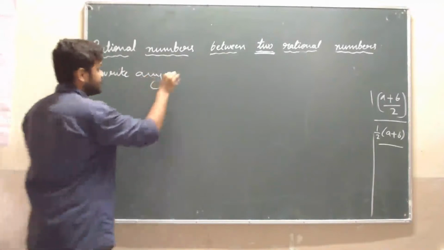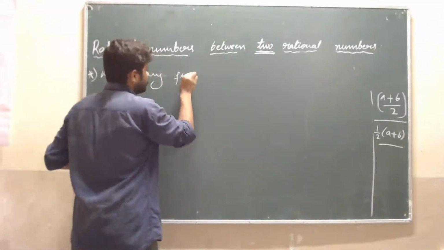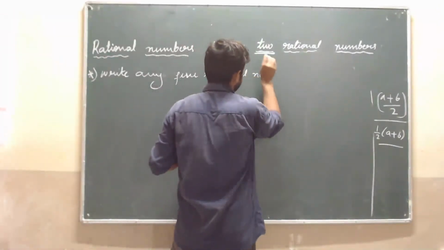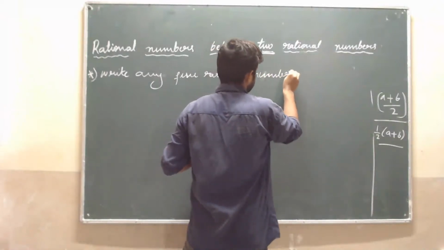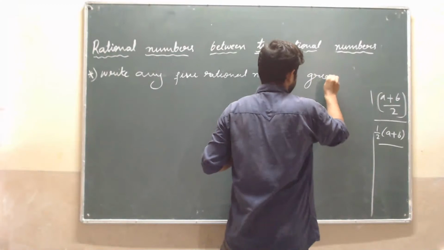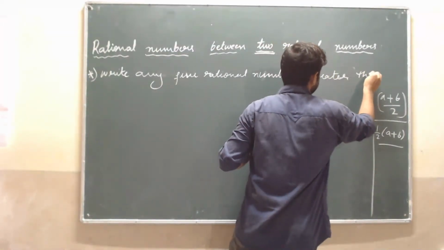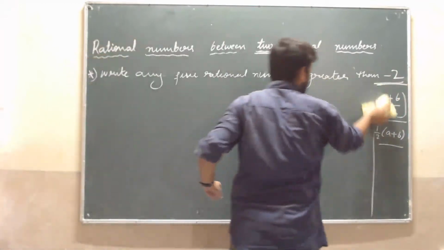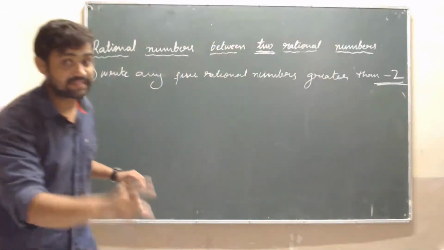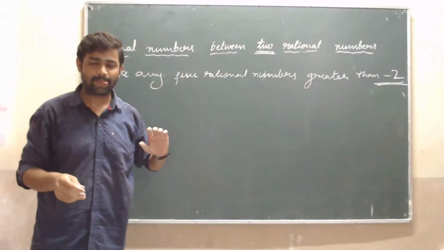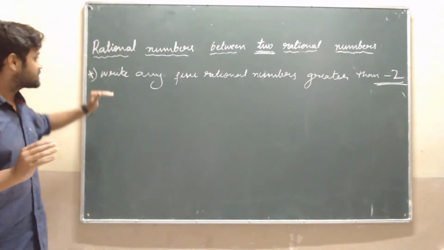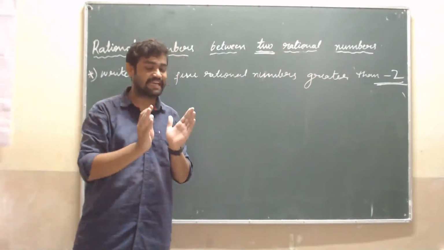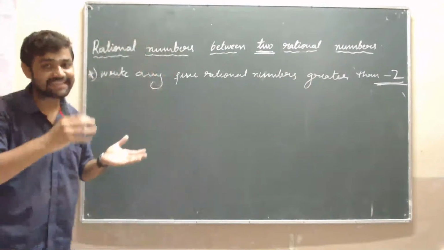Write any 5 rational numbers greater than minus 2. We have to write any 5 rational numbers that should be greater than minus 2.